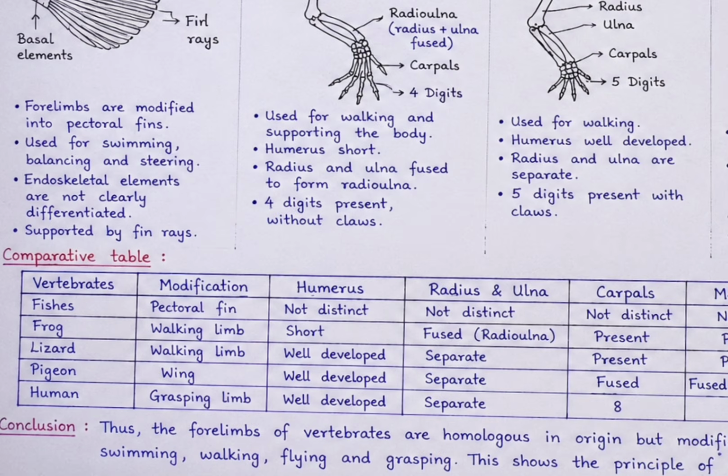Next, carpals, as with radius and ulna. There are no distinct carpals in fishes. Carpals are present in frog and lizard, fused in pigeon, and 8 carpals are present in humans, fused to each other.